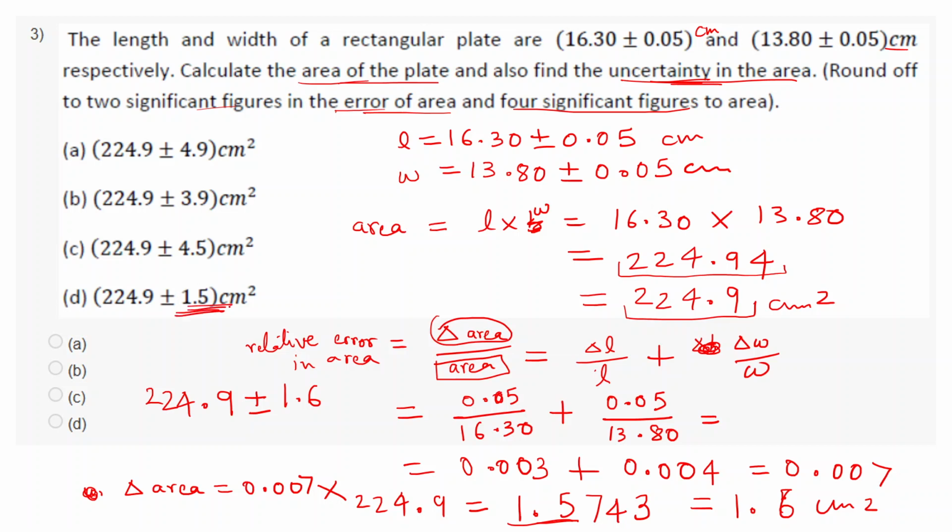I don't know why they have kept 1.5. It should be 224.9 plus minus 1.6 centimeter square. If they are rounding it off at the end, maybe then they can get 1.5. Otherwise, if we are rounding it off at every step, maybe because of that there is a little discrepancy, but I think it should be 1.6 centimeter square.